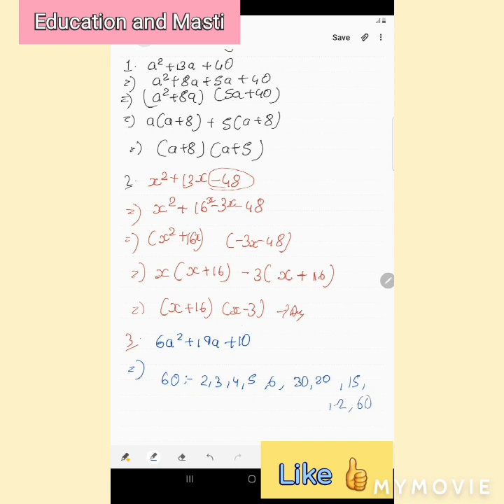So this much is there, the factors of 60. You write those numbers only which are more important. Don't write these 2-digit numbers, they are not that important. Only 10 is the important 2-digit number you have to write here.